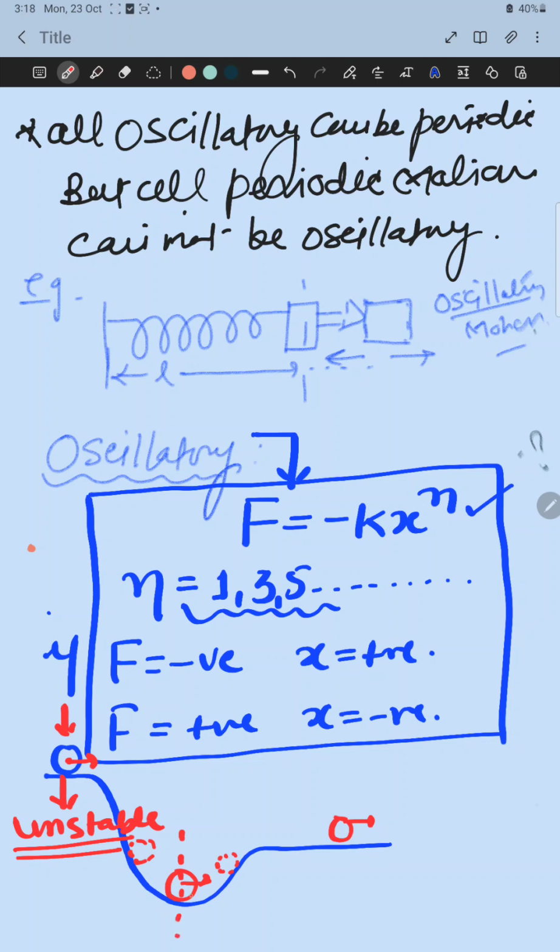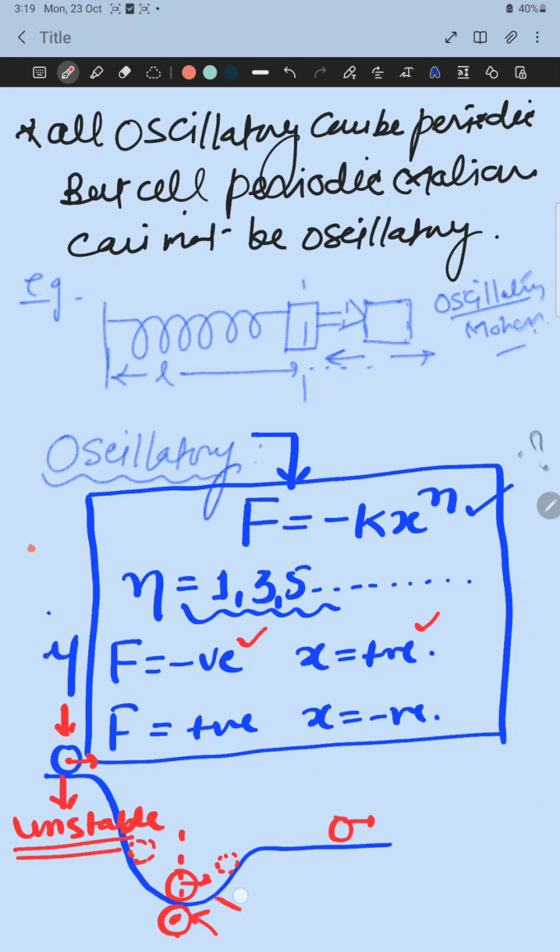This is the condition where the force and displacement are just opposite to each other. The direction of the restoring force is opposite to the displacement. If the body moves up the valley, the restoring force tries to bring it once again to its original position, that is called the mean position.